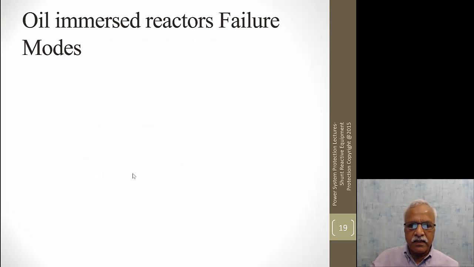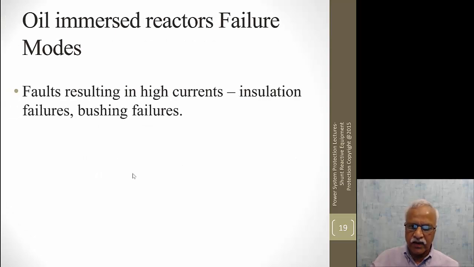So one of the common methods, oil immersed reactors, you can look at faults resulting from high currents. When does high current come? When you energize an oil-filled reactor, it is like a magnetizing current. But the difference between a transformer and a reactor is that a reactor is switched in and switched out more often than a transformer. So that results in these reactors seeing high magnetizing currents, which also creates failures.